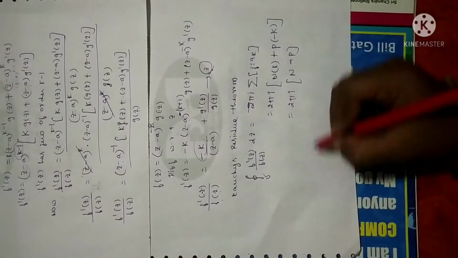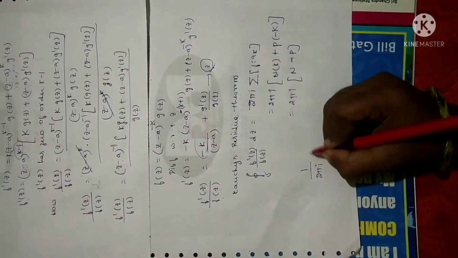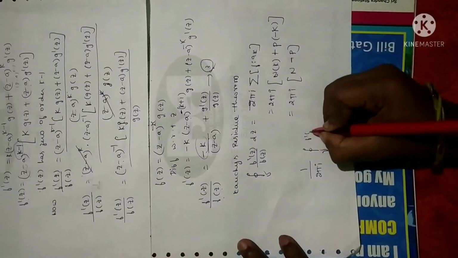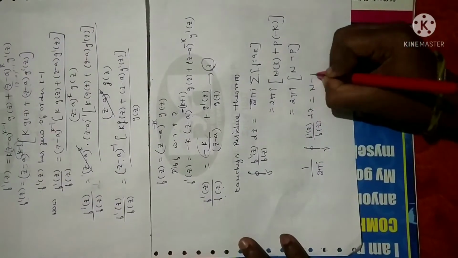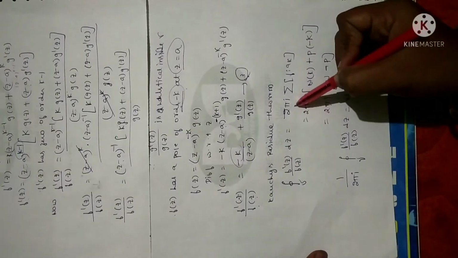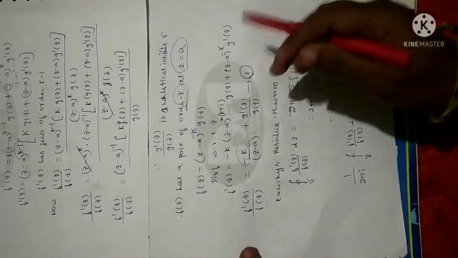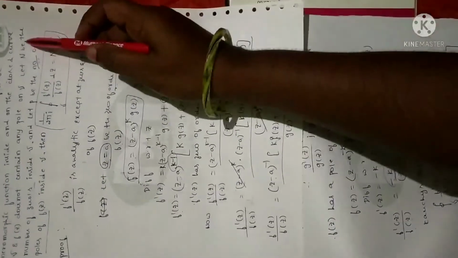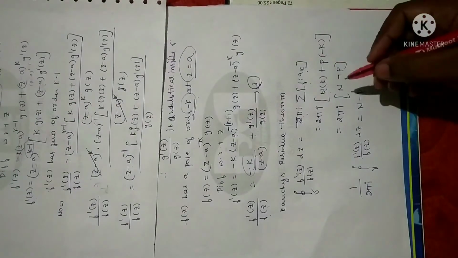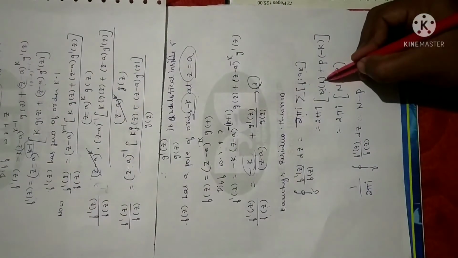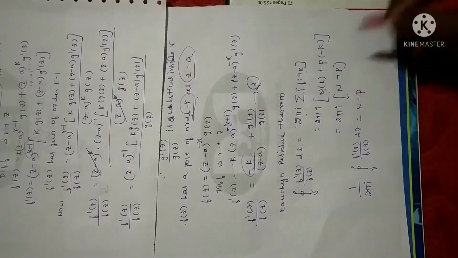Or else I can write this, I'll just shift 2 pi i to this side, so I'll get 1 divided by 2 pi i integral over gamma f dash of z by f of z into dz will be equal to n minus p. So this is from Cauchy's residue theorem. So f with reference to ak is none other than the number of residues, as this function has both zeros as well as poles. So residue consists of both poles as well as zeros. So this is the number of zeros and this is the number of poles. So I can write this as n minus p.